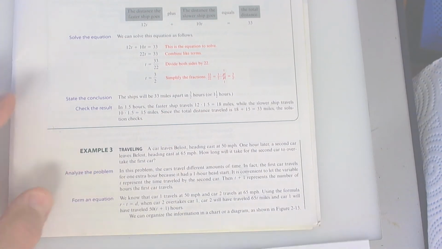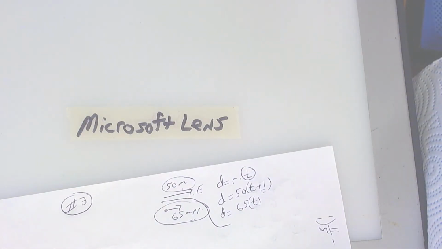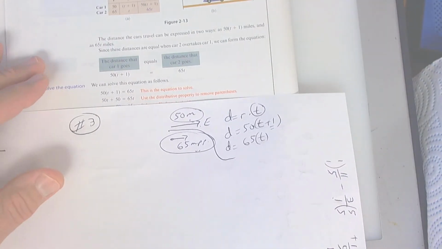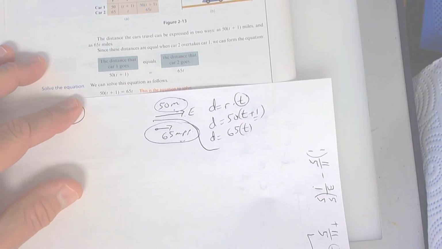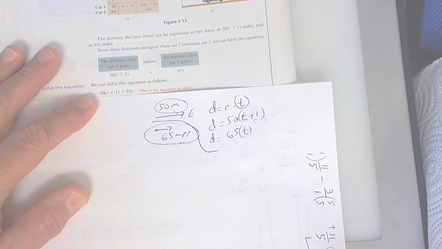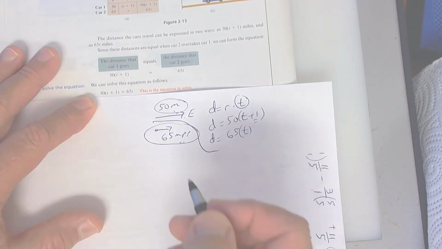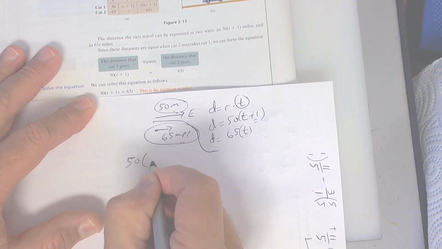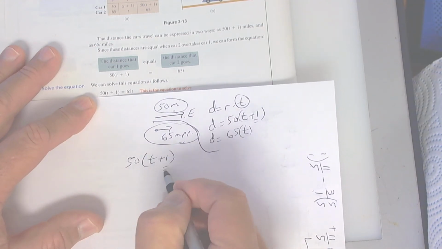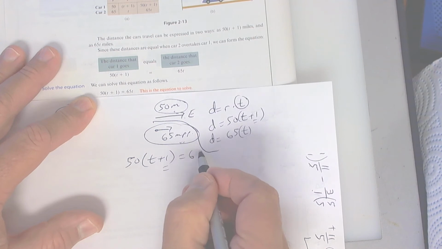All right, so now let's take a look at it. Turn the page. Let's take a look at the equation. If you look at the equation, they're setting them equal to each other. We're not adding them up and setting them to a distance. So you're going to take 50 times t plus 1, because he has a 1 hour jump, equal to 65t.